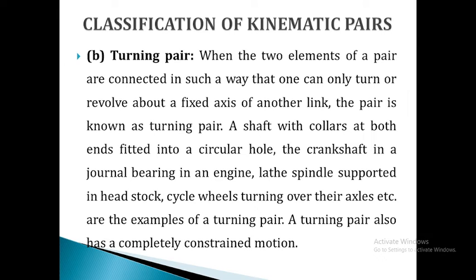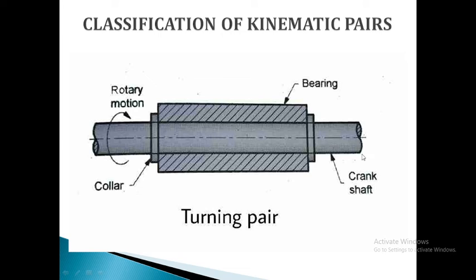A turning pair also has a completely constrained motion. Now come to the diagram. Here a rectangular block has a circular hole and a shaft is inserted in this block, and the shaft has a collar at both ends. So due to these collars, the shaft cannot move linearly along this fixed block.